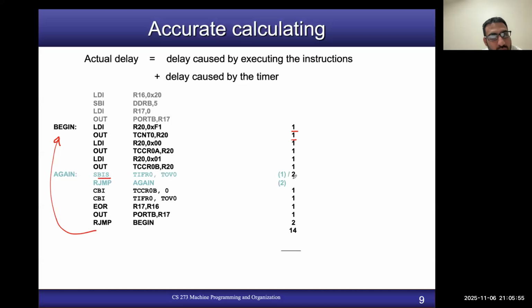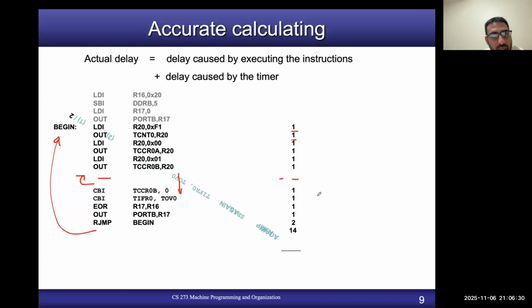The SBIS instruction depends on whether the branch is taken or not. Branch taken means you are going back here when the flag is not set, so it will take 2 cycles. If the branch is not taken and it falls through, it will take 1 clock cycle.